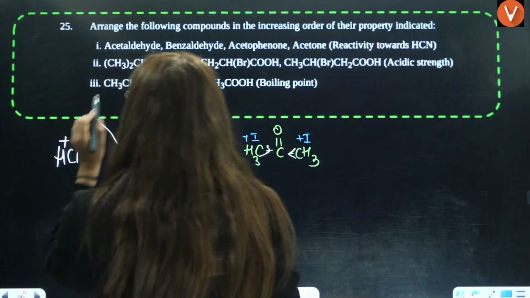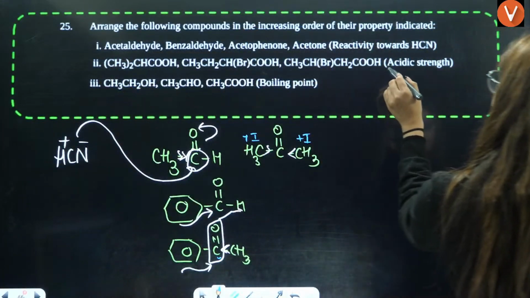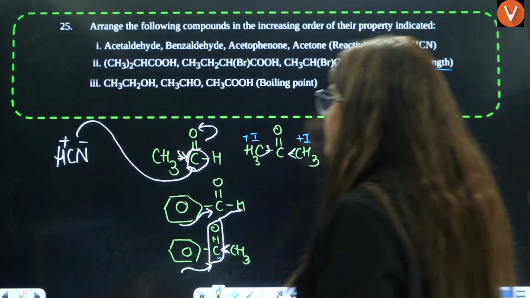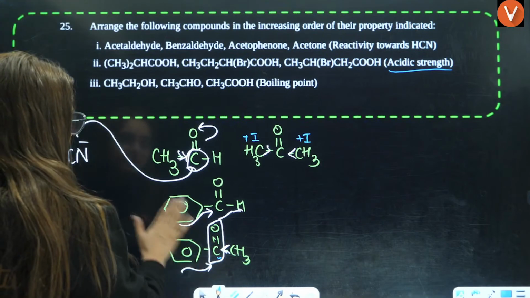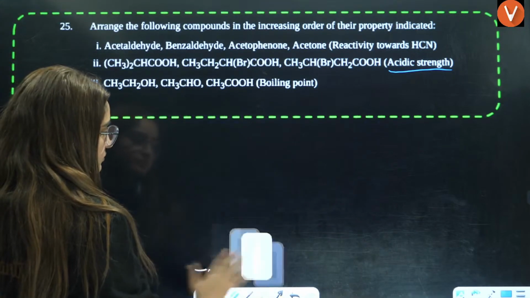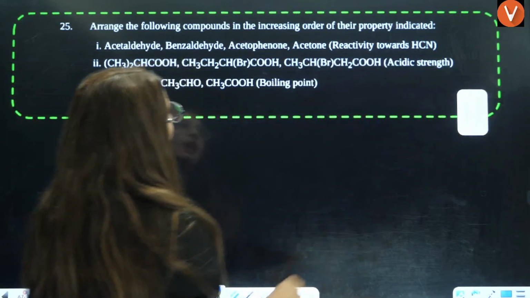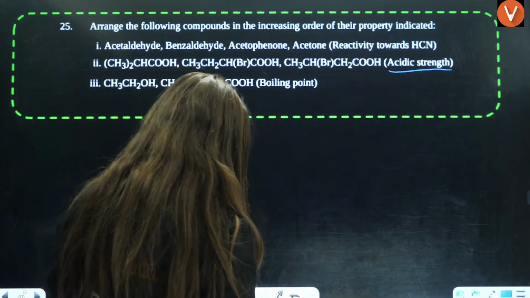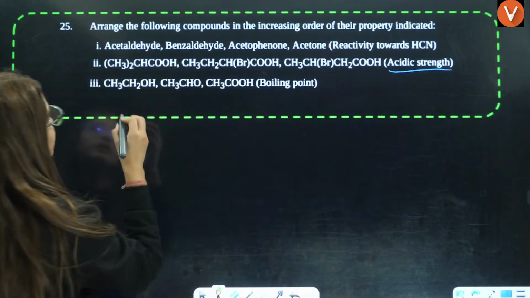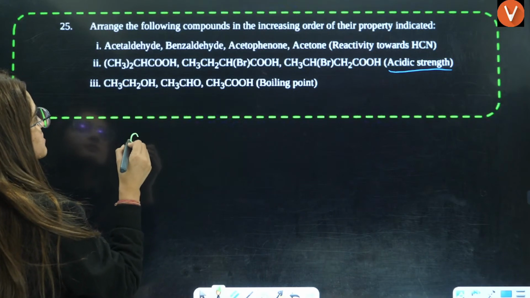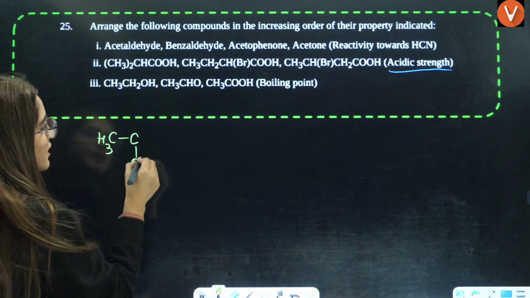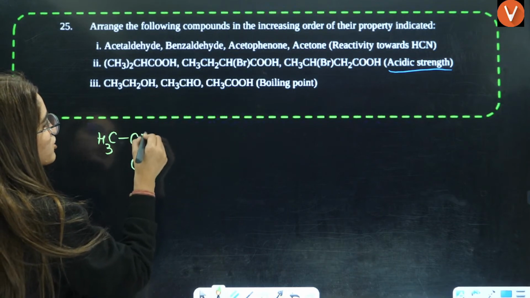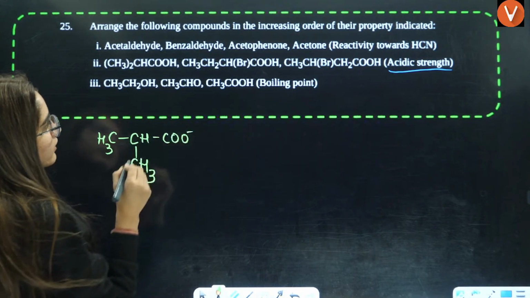The next question is to arrange these in acidic strength. Can you tell me how to arrange this in acidic strength? Anybody in the comment section? For acidic strength, we are again going to see the stability, right? So basically this is C, this is CH3, this is CH3, this is H, this is COO negative.